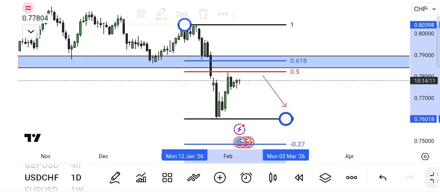We don't force, we don't predict, we only analyze and let the market do its thing. Once the market clicks to what we have anticipated the market will do, then we execute without thinking any other negative or positive outcome. We just execute, think about risk management, apply it and let it flow.